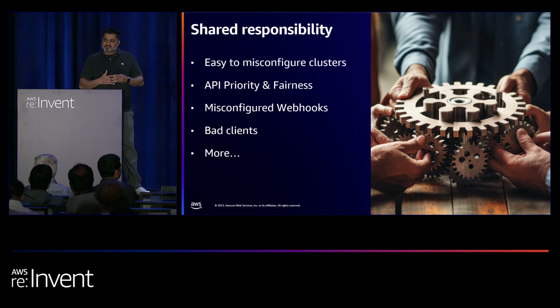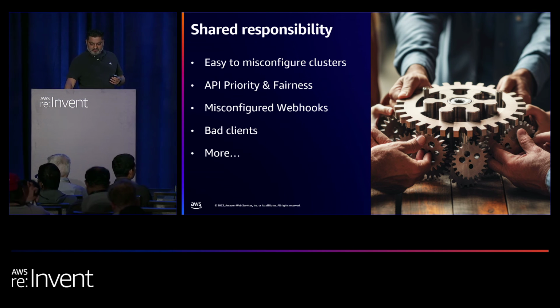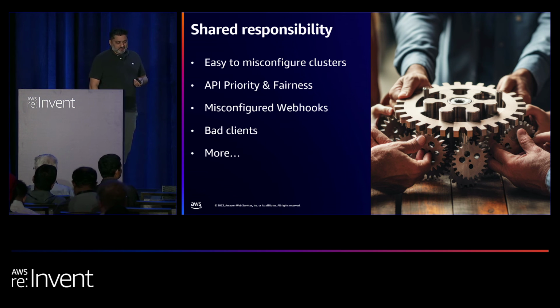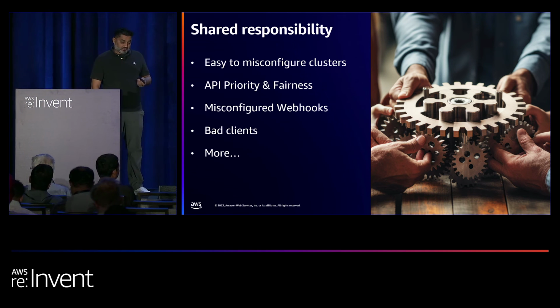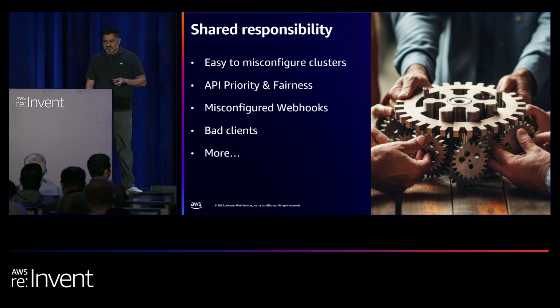We've seen issues where customers have been negatively impacted by API priority and fairness, where critical workloads don't get through and it causes some production impact. Another classic problem is webhooks, which are in the critical path of every request. We see customers that don't properly configure webhooks: they're failing closed, they don't have enough replicas, they're not zonally redundant.